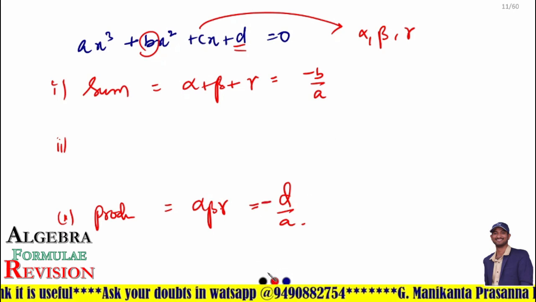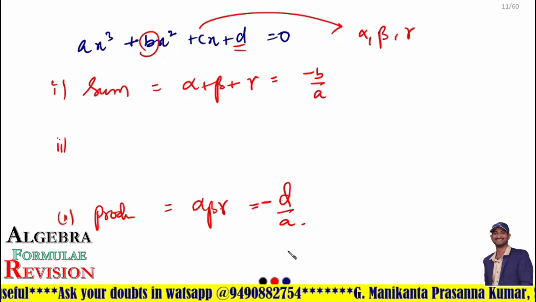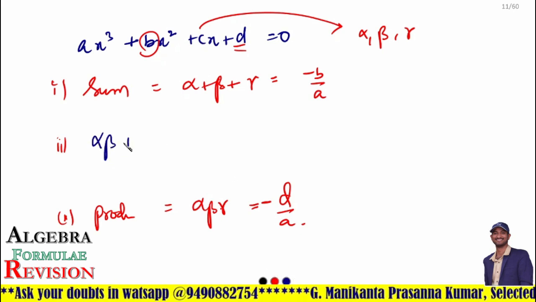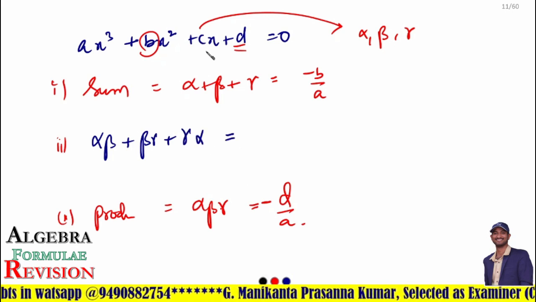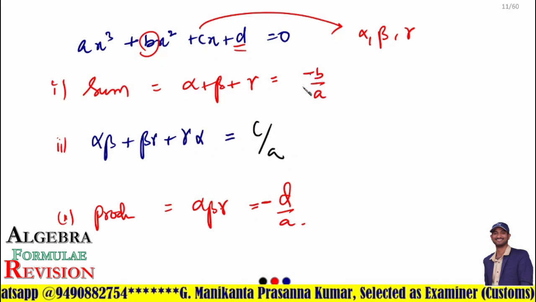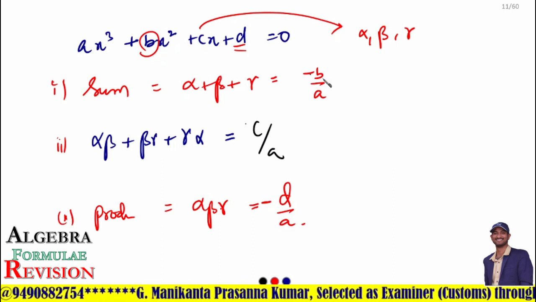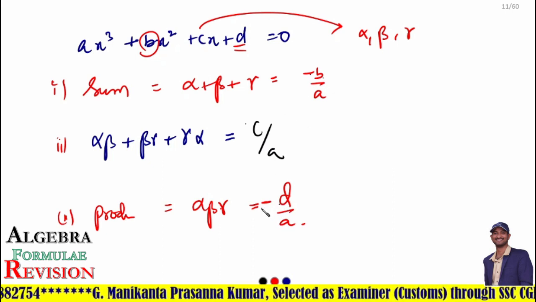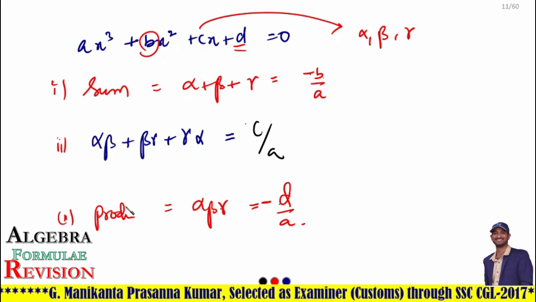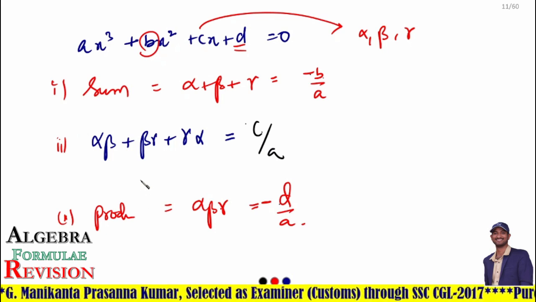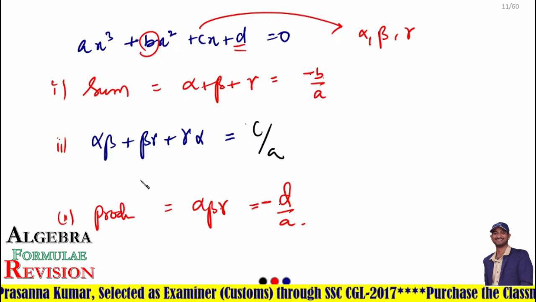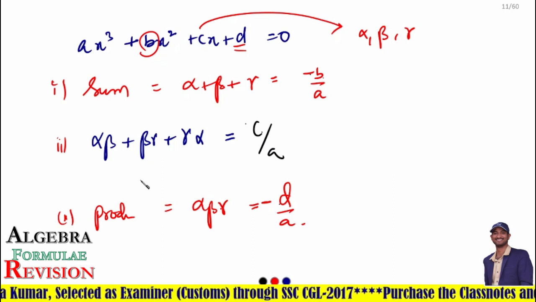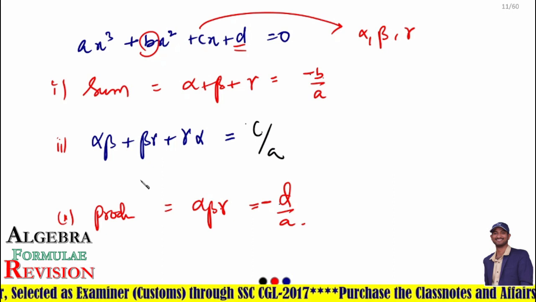Next, the sum of the products of any 2 roots, that is alpha beta plus beta gamma plus gamma alpha, is equal to c by a. The signs alternate: minus b by a, c by a, minus d by a. So these 3 formulas are very important in the case of cubic polynomials. These are sufficient for quadratic equations and polynomial equations whose degree is 3.